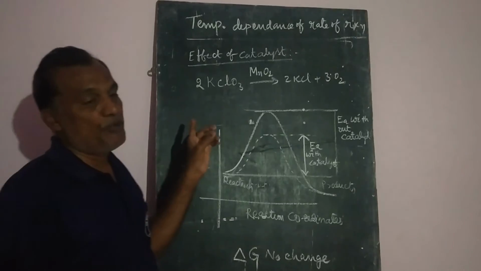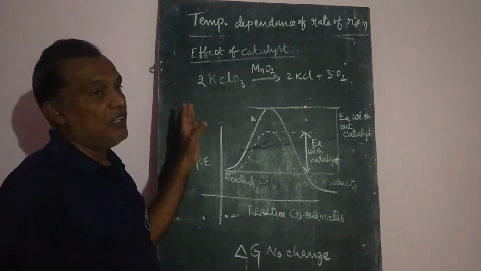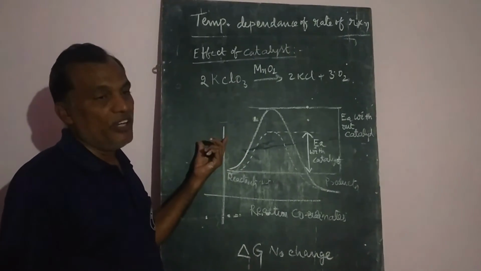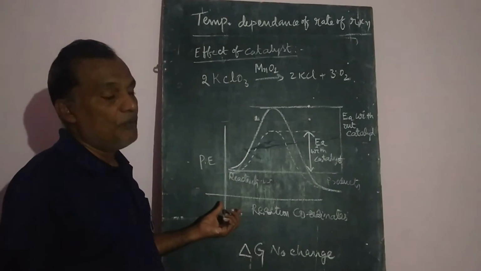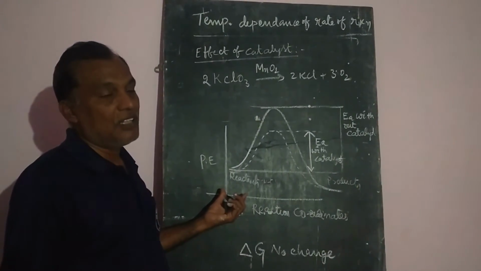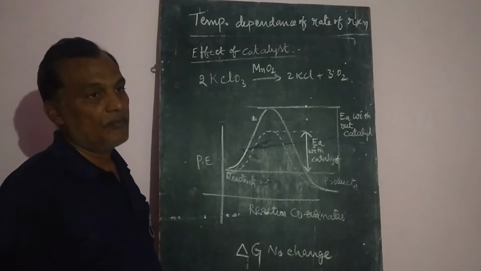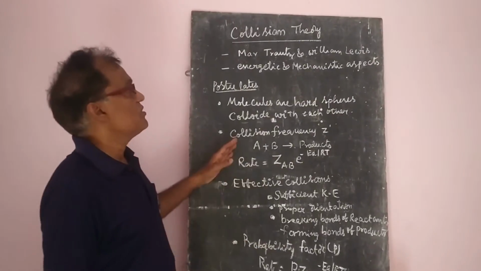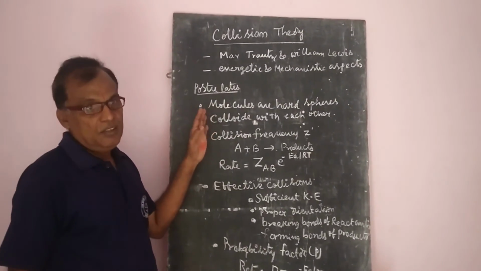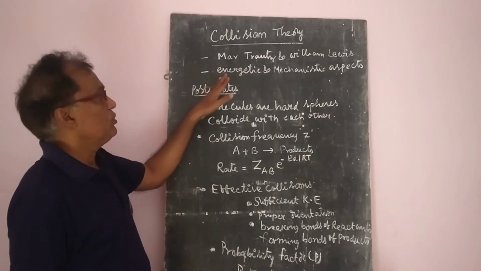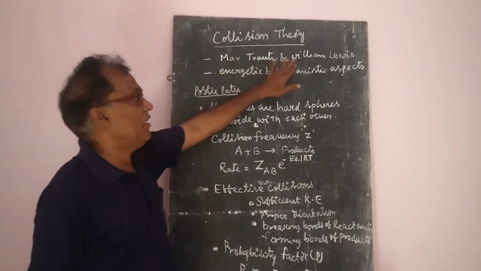Now the last point is collision theory. Today the last concept is collision theory. It was proposed by Max Trautz and William Lewis.